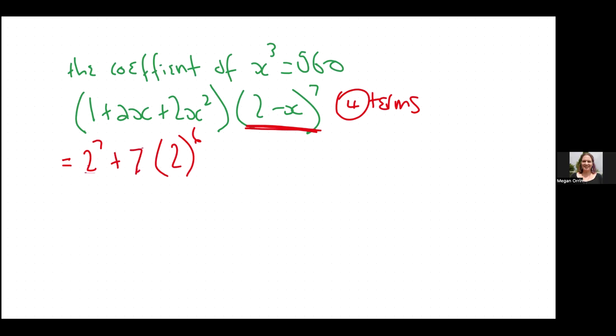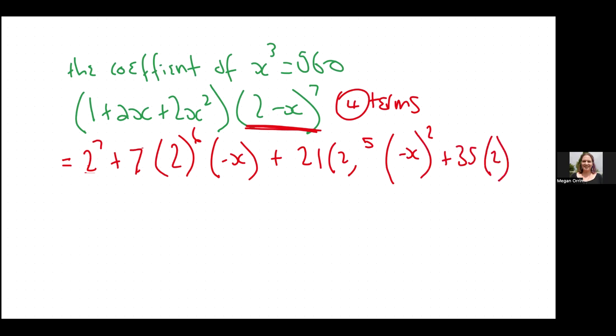And then I've got negative x, and that's to the power of just 1, right? What's my next coefficient? 21. Then I've got 2 to the power of 5, and then negative x to the power of 2. All right, I need to get this to 3. So what's my next coefficient? 35 gives me 2 to the power of 4 and negative x cubed.